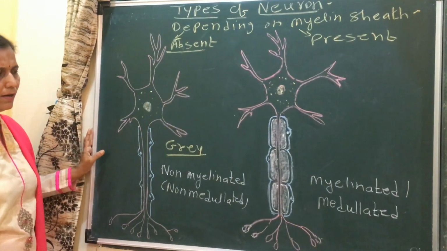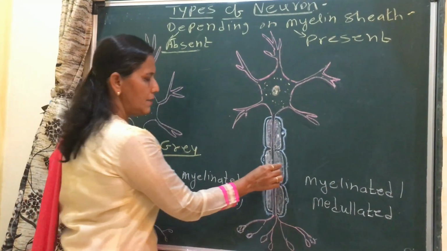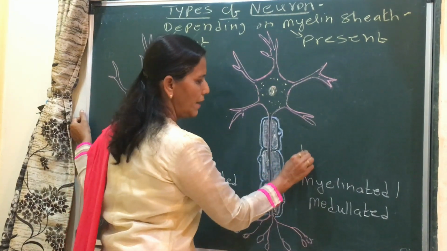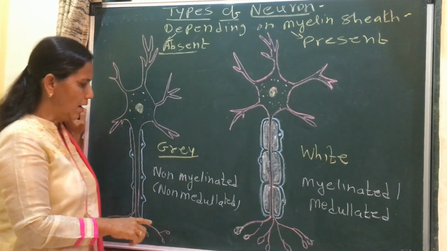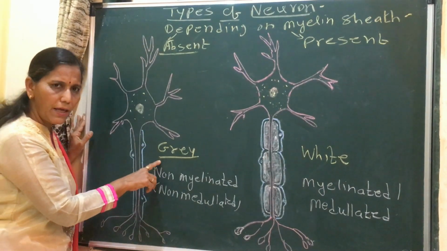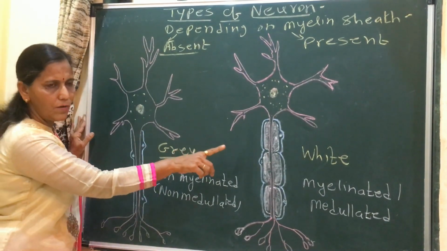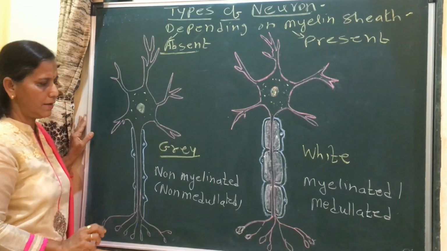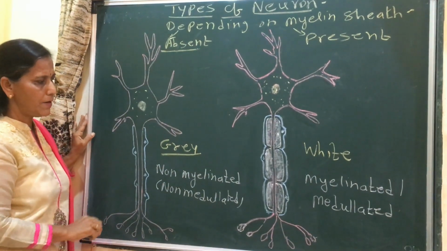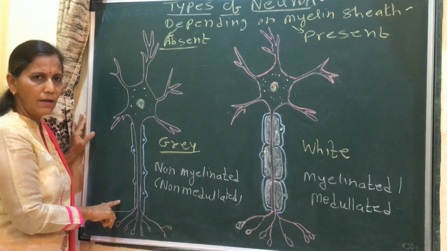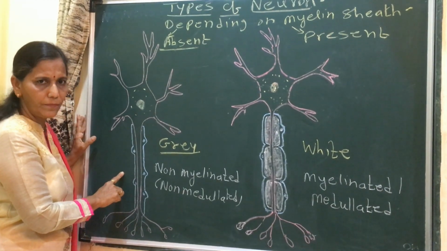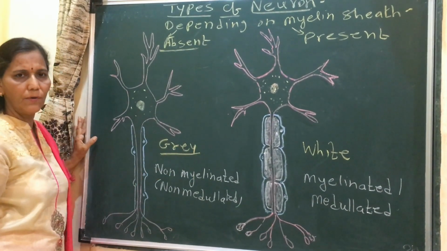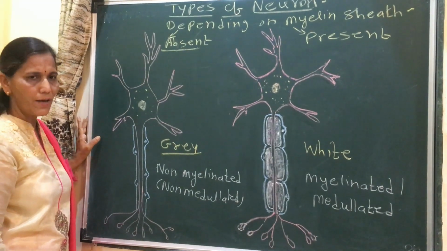As the myelin sheath is present, it appears white in color, while the non-myelinated neuron appears gray. Means this neuron is from the gray matter and this neuron is from the white matter. Then the next difference is the speed of conduction of impulse: here it is slow, and in the myelinated neuron it is fast.